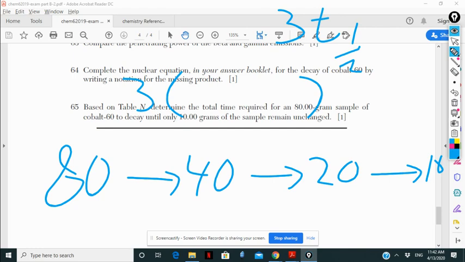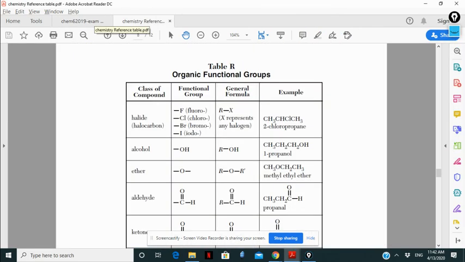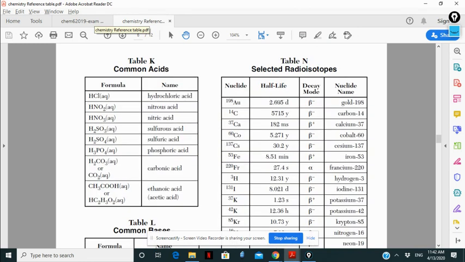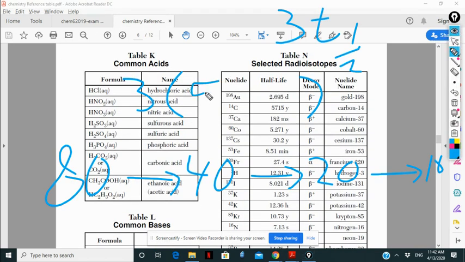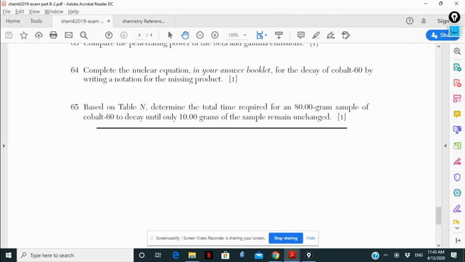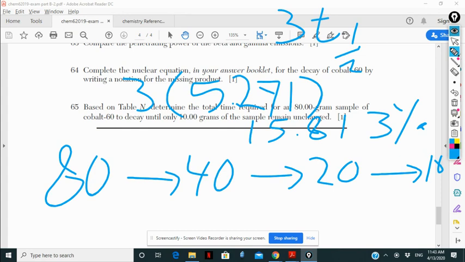I'm going to the reference sheet to check the half-life for cobalt-60. Here cobalt-60 is 5.271 years. So 3 times that gives 15.813 years. So the answer for the last part is 15.813 years.